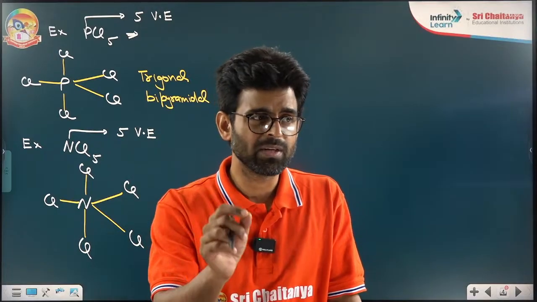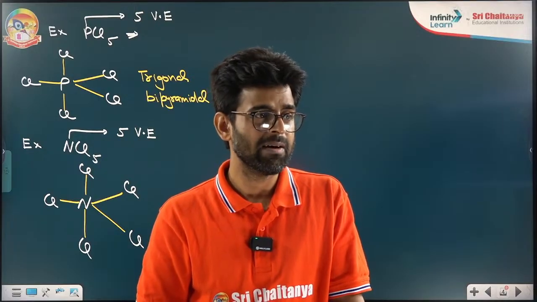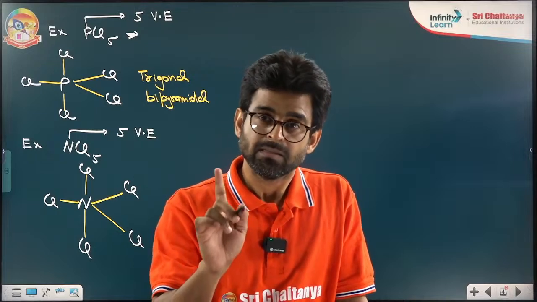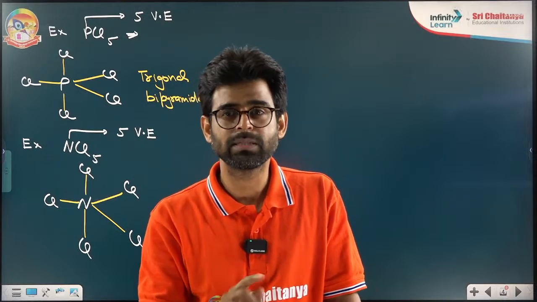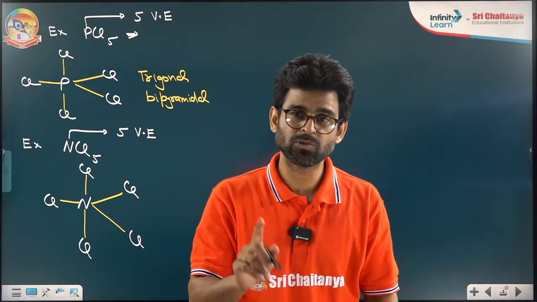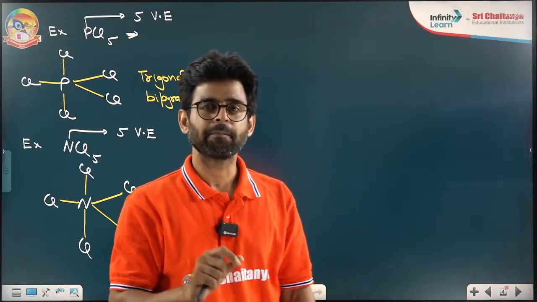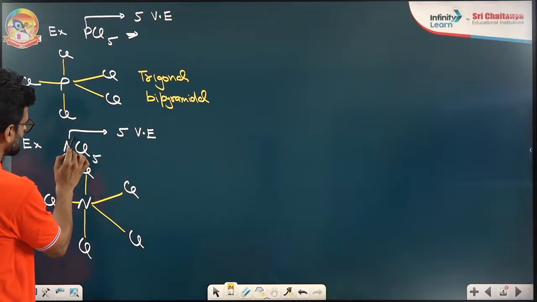Now see carefully. Are we doing some mistake here? Yes, very good, Gayatri. Nitrogen cannot make 5 bonds. Max to max, it can make how many bonds? 4 bonds, right? That's why a very common question they ask is whether NCl5 exists or not.